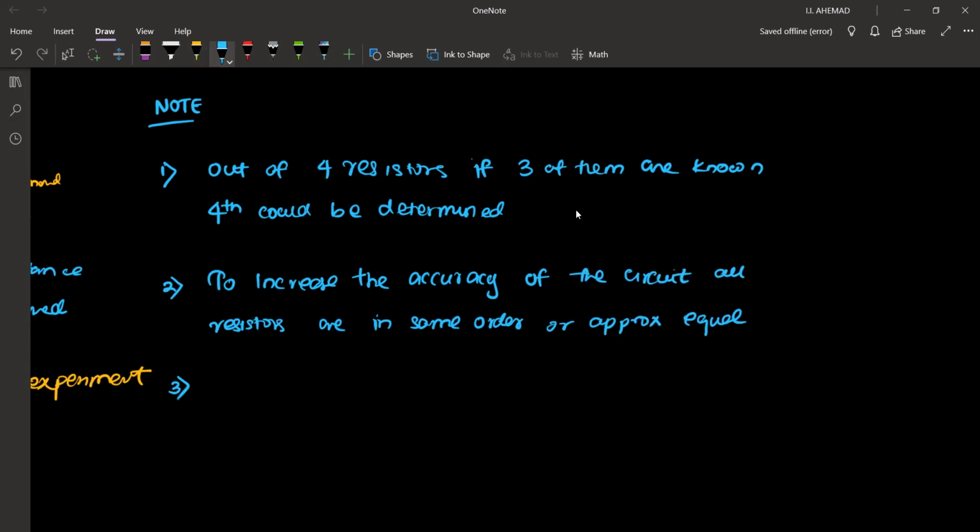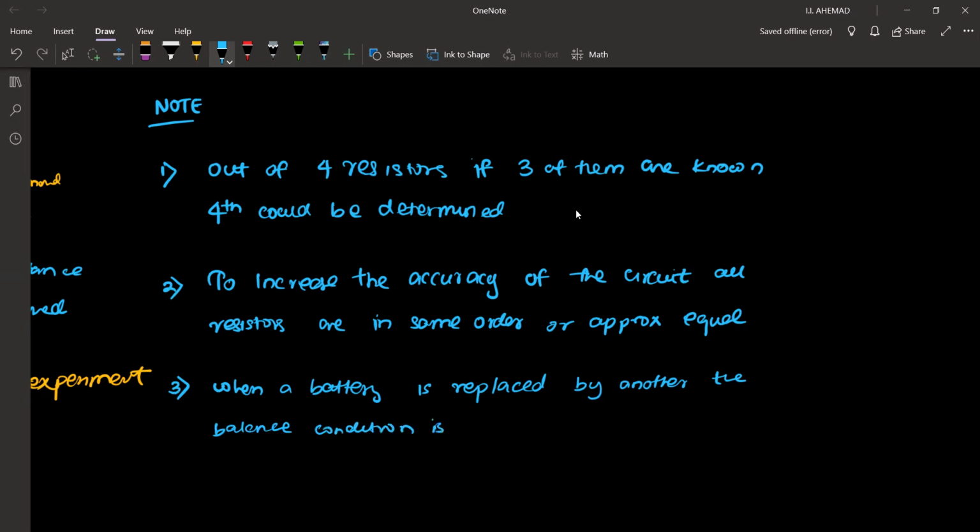Note number 3, when a battery is replaced by another, the balance condition is unaffected.